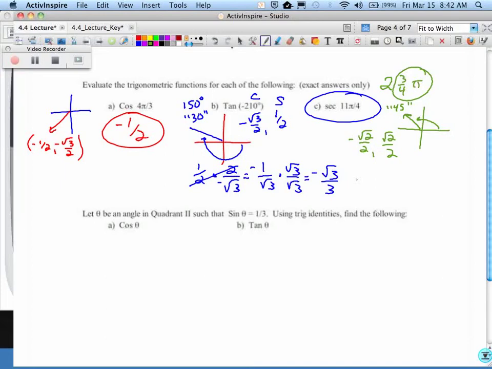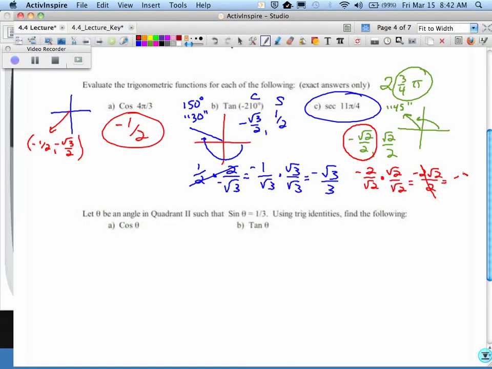So we're going to do the reciprocal of this one. So we go 2 over root 2. It's a negative number. You rationalize, and you get negative 2 root 2 over 2. Bunch of 2's in there. Get rid of those, and you're down to negative root 2. That would be your secant.